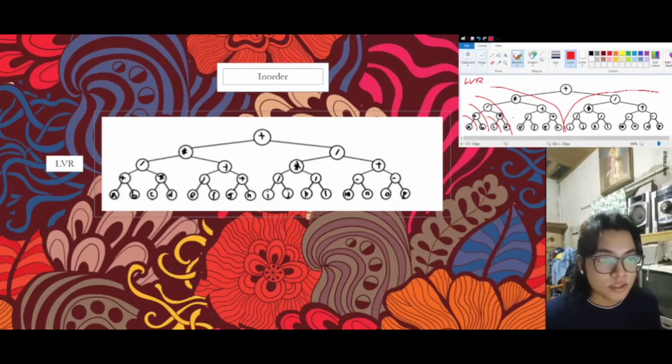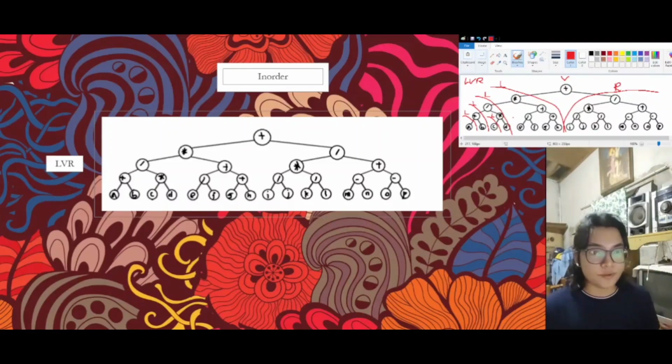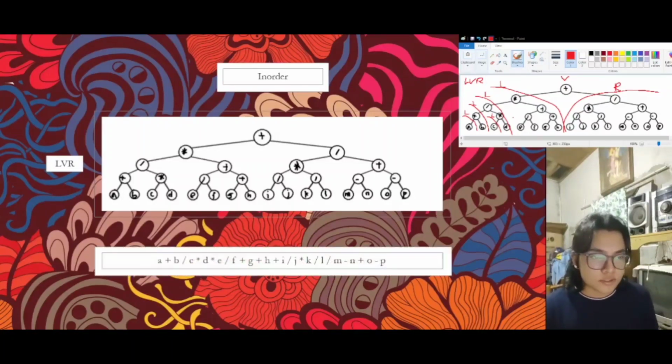If we consider every left, this is going to be left, left, left. So how does this work? We are going to be focusing on the lowest left here. After we traverse, it's going to have the notation like this.